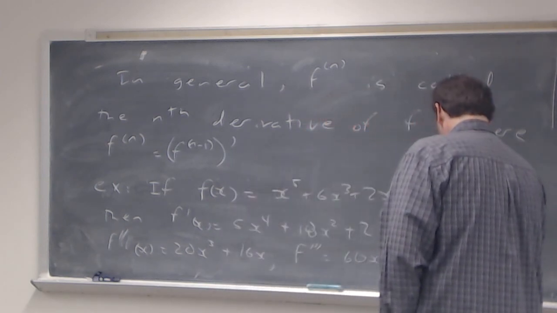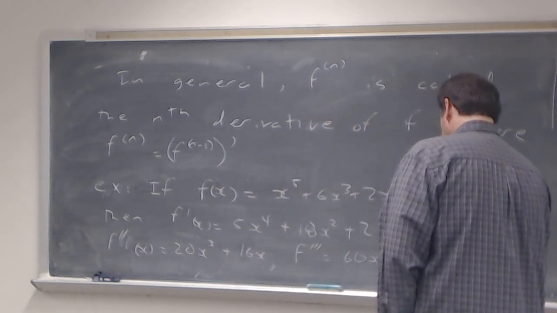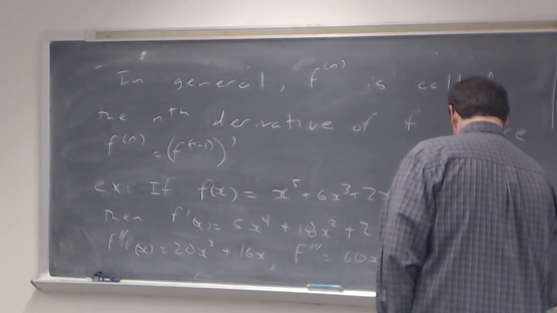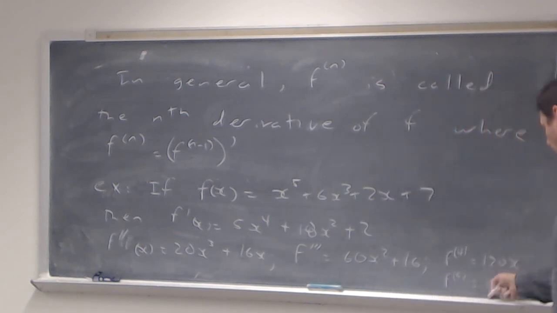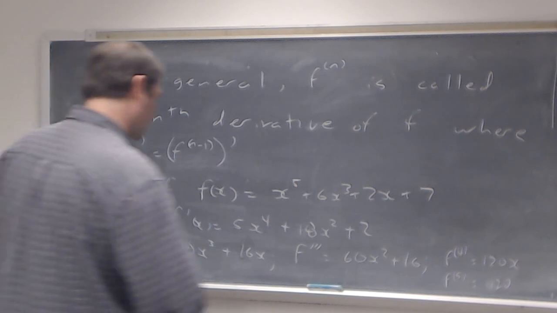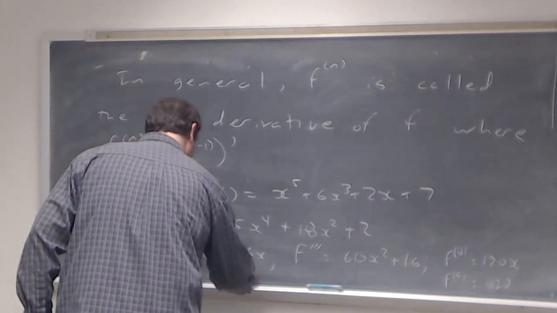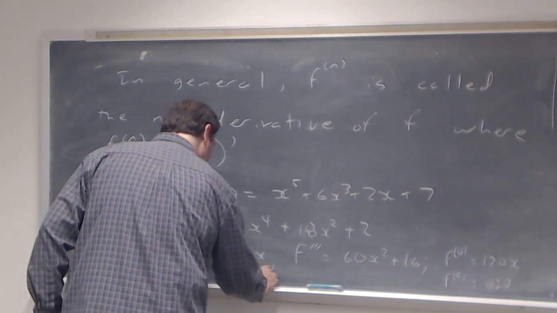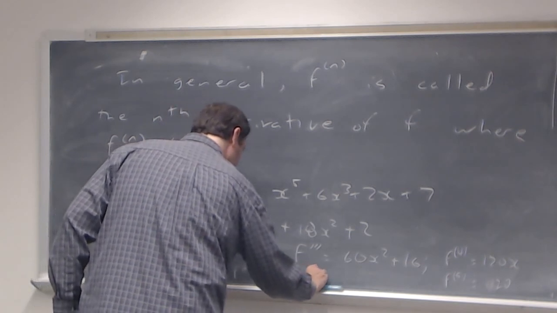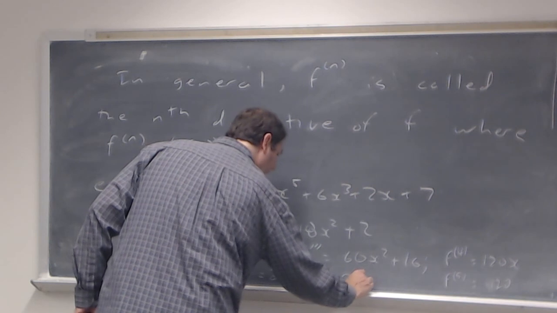The fourth derivative is equal to 120x, and then the fifth derivative would be equal to 120. I'm sorry, 120. And then we could go on from there. All the derivatives from then on are 0. Okay? And I'll just write that down here. The nth derivative is equal to 0 where n is greater than or equal to 6.